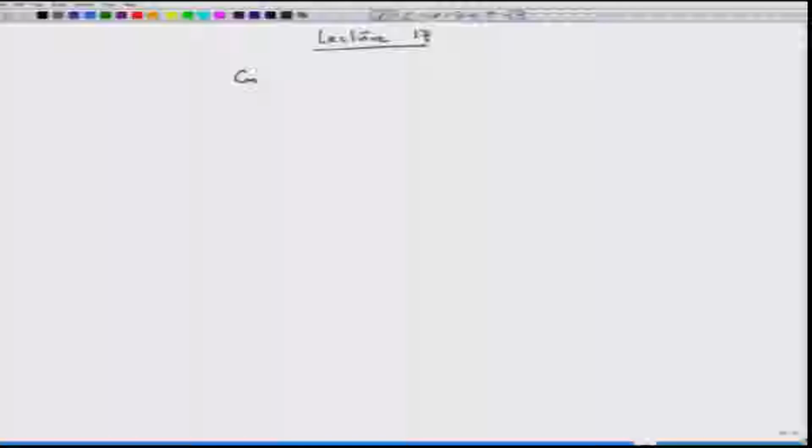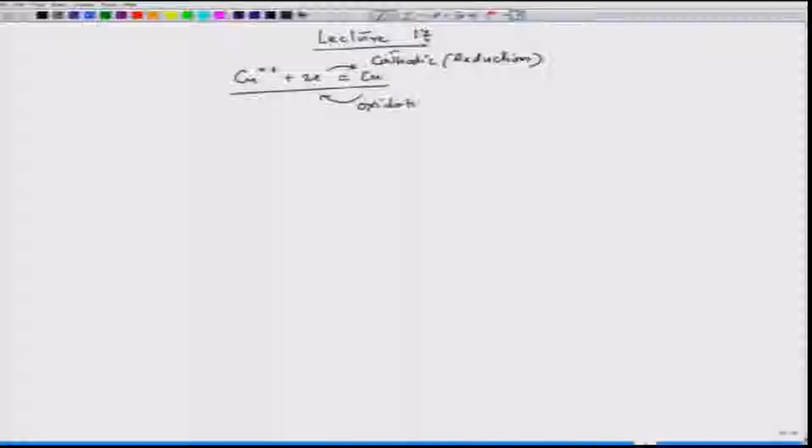Let us consider one particular reaction which is copper plus plus plus 2e gives copper. This is a cathodic reaction, that is, reduction. The backward reaction is nothing but oxidation or anodic.